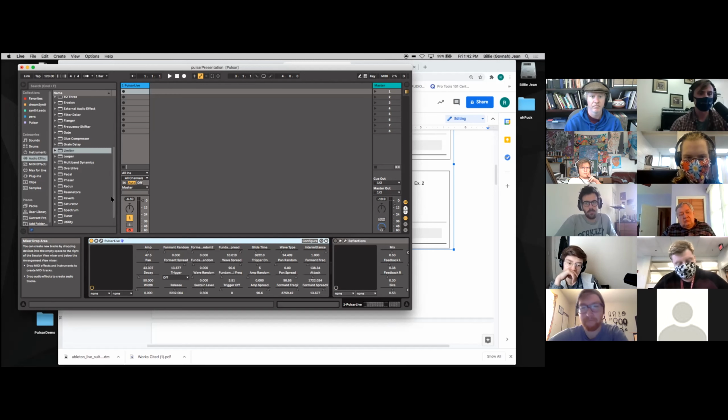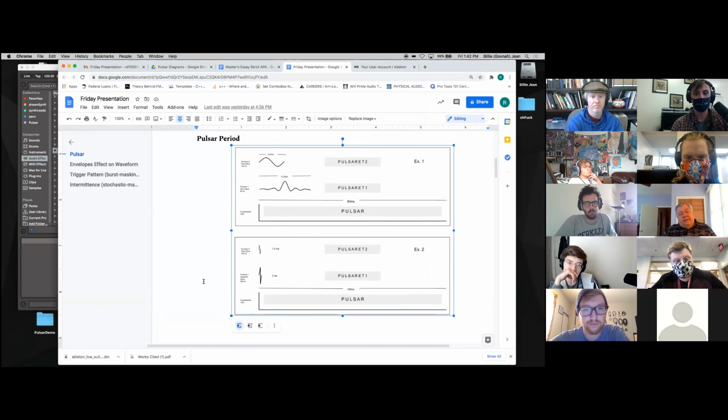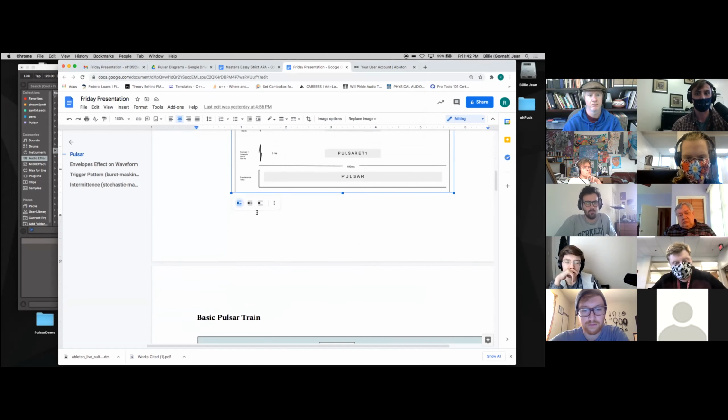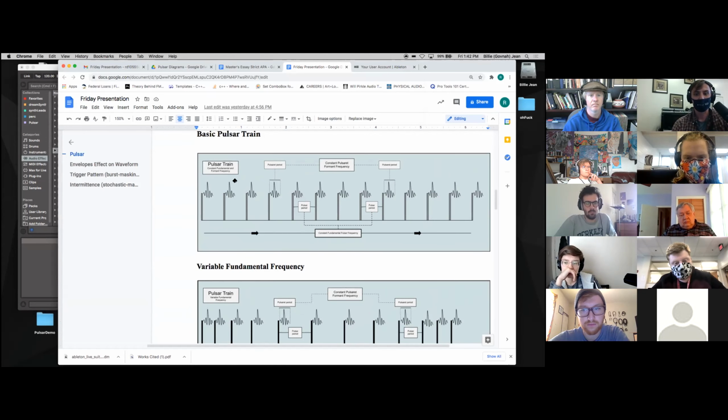All right, so that's a basic example of being able to play with the formant frequencies with a constant fundamental frequency.